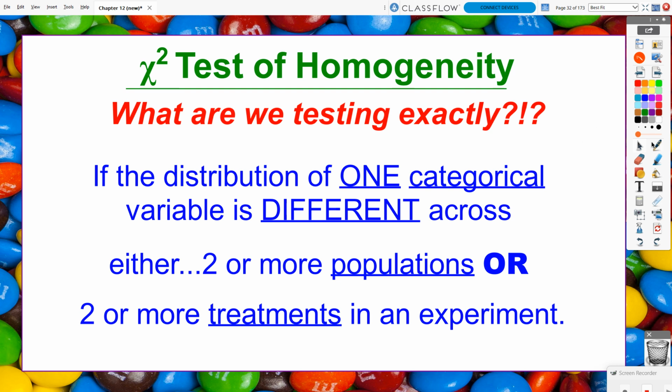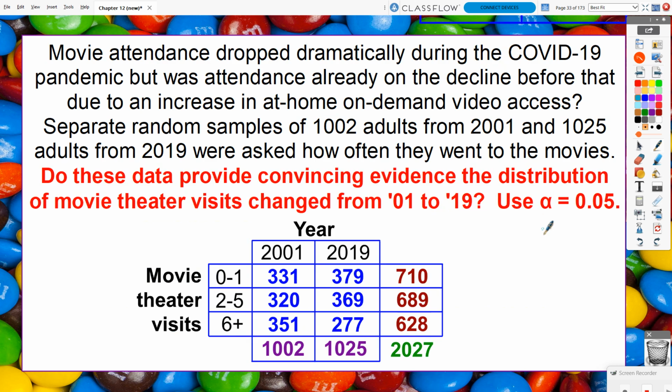This is commonly used in medical studies where they're looking at various treatments being different or not different with respect to different populations. So the problem we're going to take a look at says movie attendance dropped dramatically during the COVID-19 pandemic, but was attendance already on the decline before that due to an increase in at-home on-demand video access?